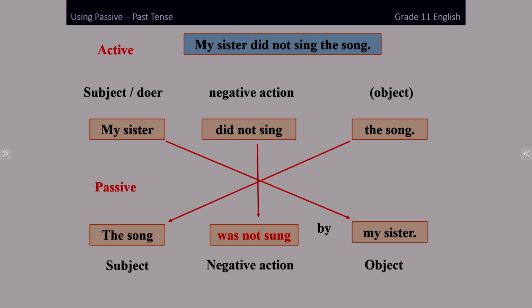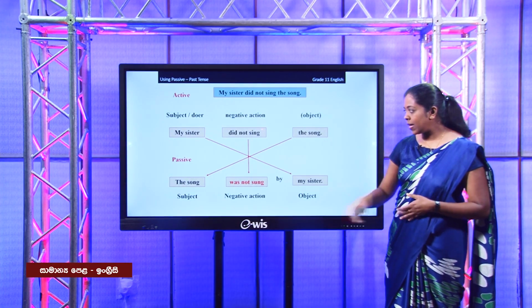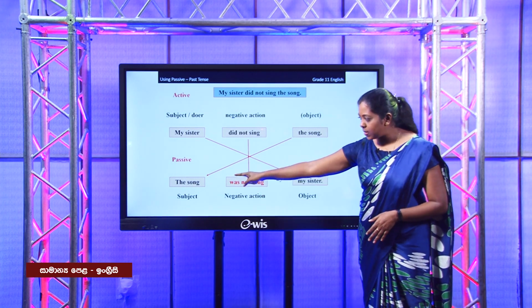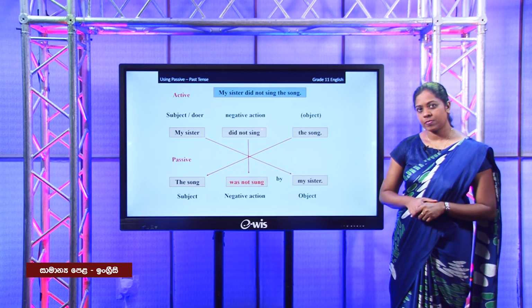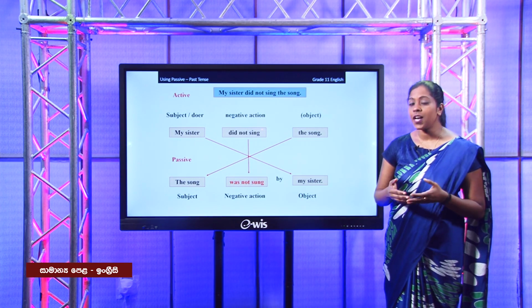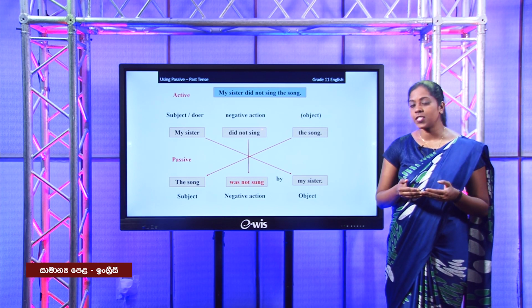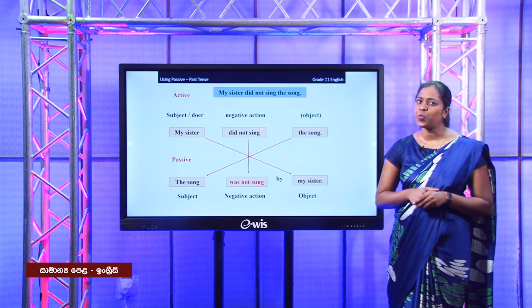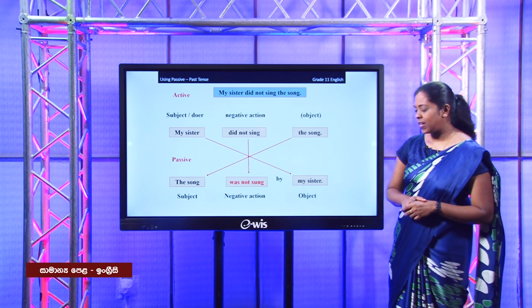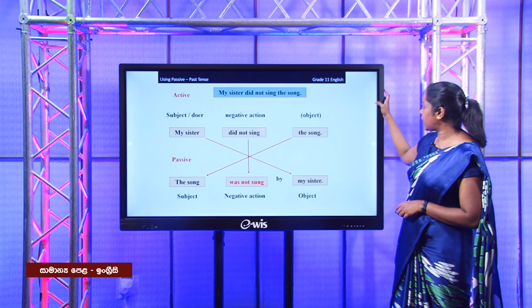You can clearly observe the helping verb did has been changed into was. Why was? Because the new subject, the song, is singular. So, changing a negative active sentence into passive is also another easy task. I hope you believe in that now. Let's move on to another section.